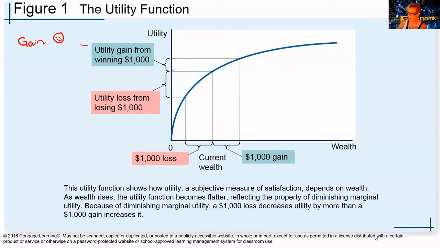Notice if we compare that to losing $1,000, it hurts more to lose. This is where we come into the idea of loss aversion: loss will be a greater driver of our behavior than the possibility of gains.